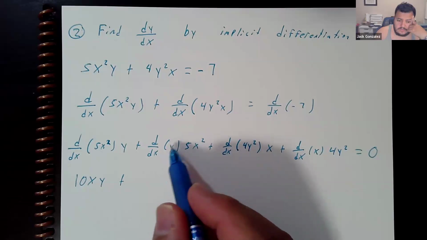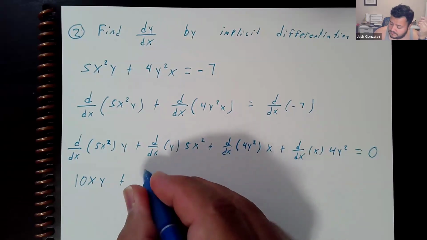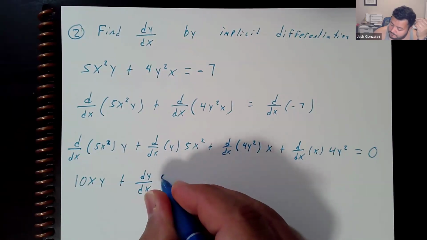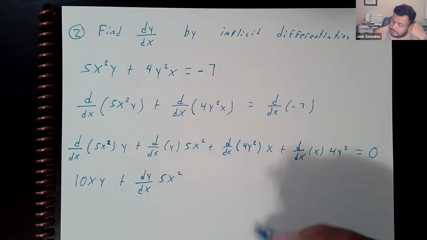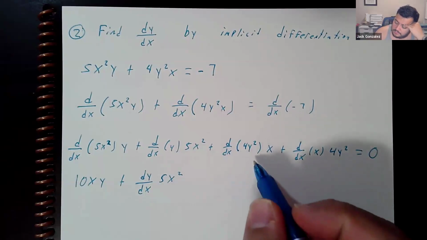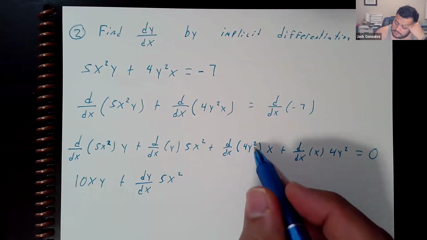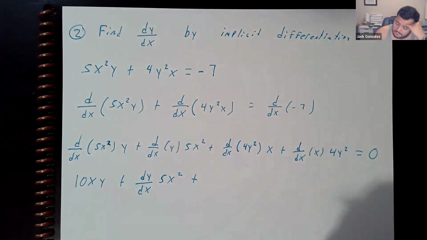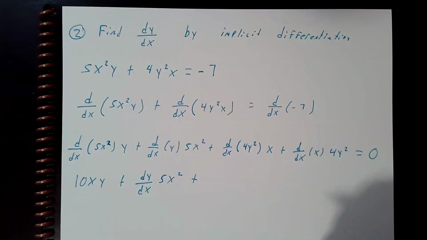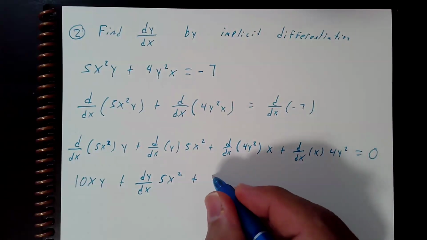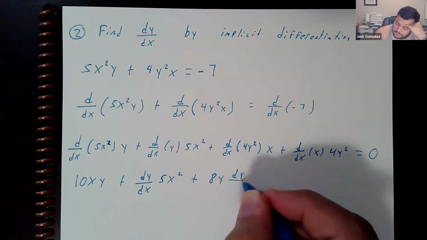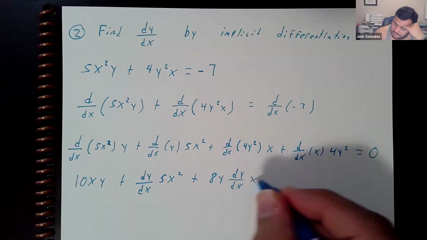Yeah, so this will be 1 times the dy/dx. But essentially you end up with just this right here, right? Then again, derivative of 4y squared, what is this going to be? 8y dy/dx. And then that x is still hanging out.